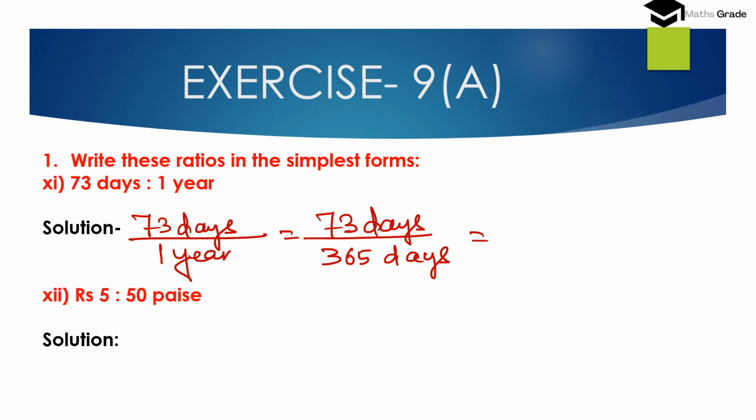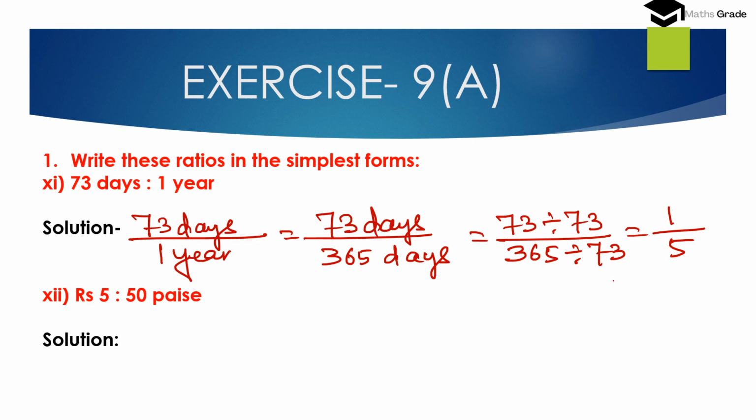And between the antecedent 73 and the consequent 365, 73 is the common ratio. So divide the antecedent 73 by 73 and the consequent 365 by 73. 73 divided by 73 is 1, and 365 divided by 73 is 5.